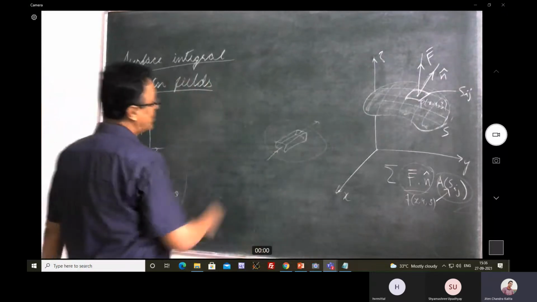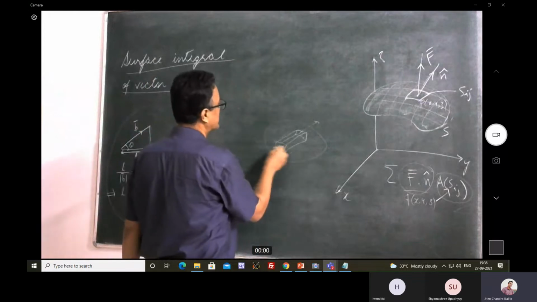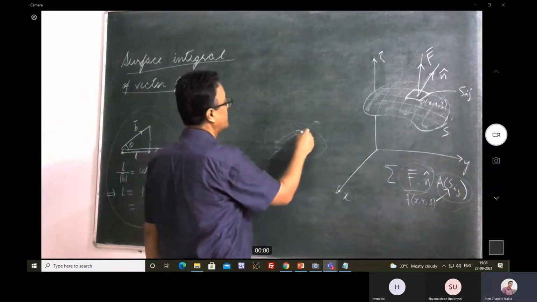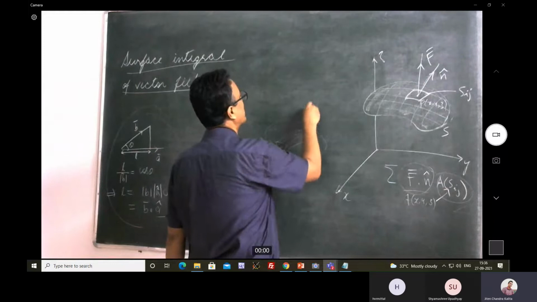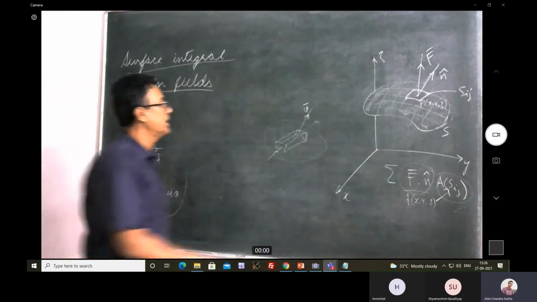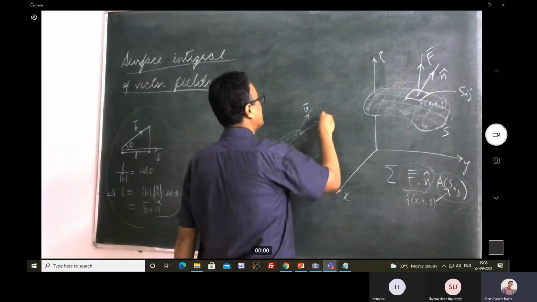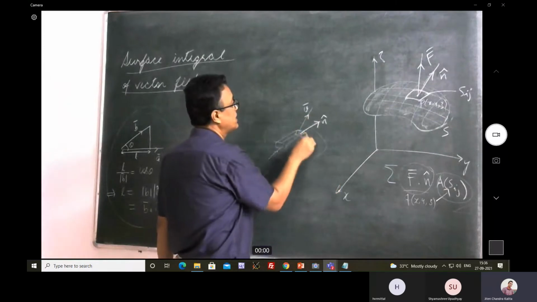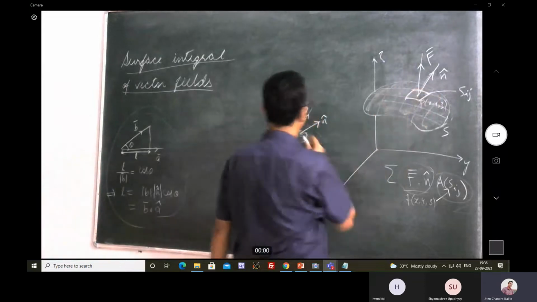So suppose the fluid is moving with some velocity v here. And this n cap is a unit vector on the small surface patch like this.